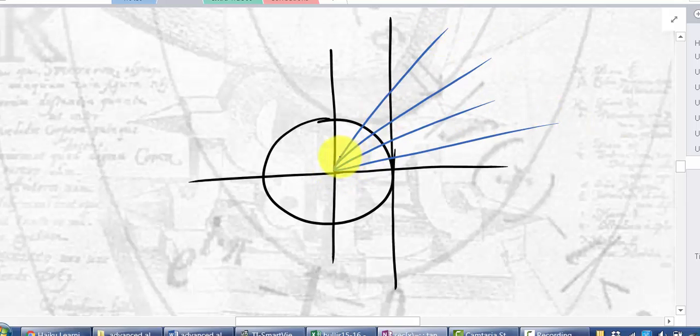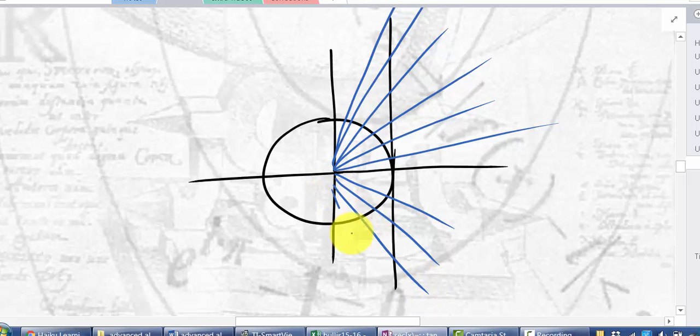So you take a small angle x right here, and then another one right there, another one, another one. Okay, and then let's take some negative x's too, okay? So I'm moving either in this direction or in this one right here. Where's the secant of x?